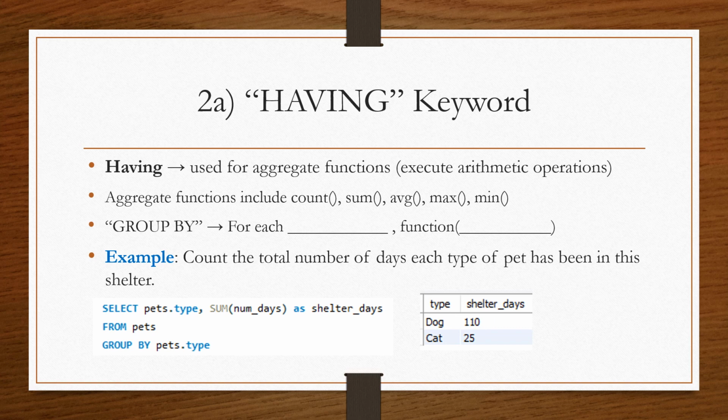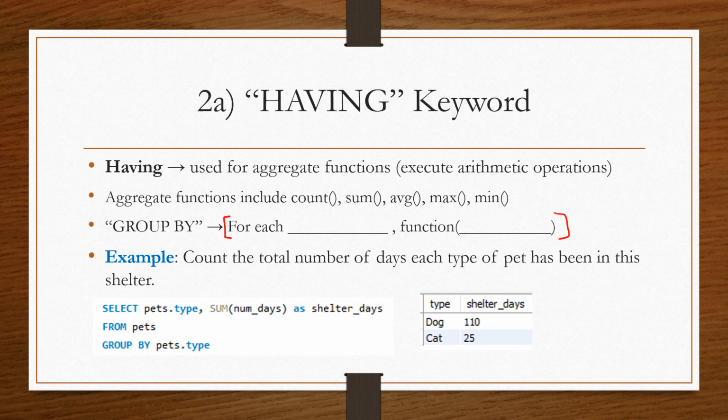When we read the group by, we're going to use this sentence: for each blank, we're going to do a function, let's say sum, and then between these brackets we're going to have something. Let's jump into the example. It says, count the total number of days each type of pet has been in this shelter.